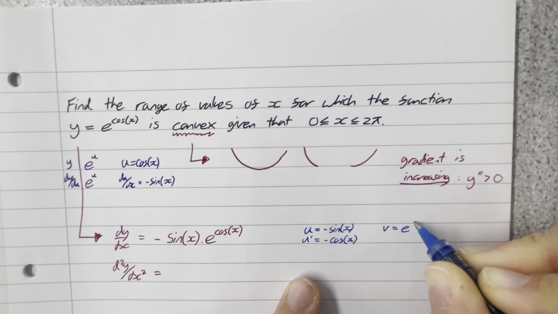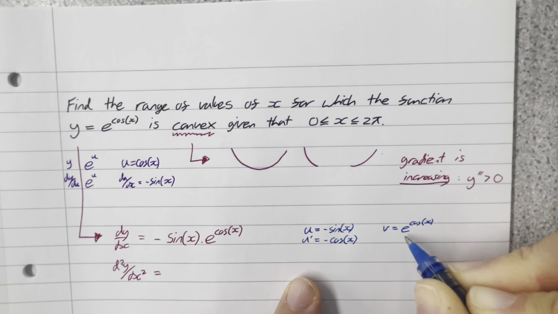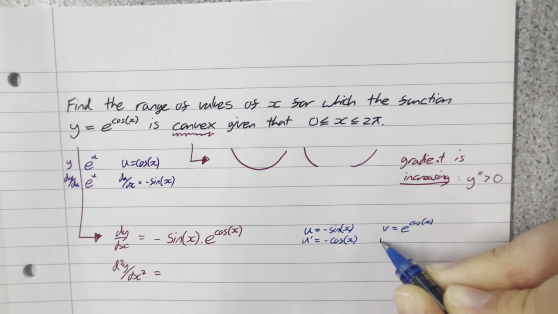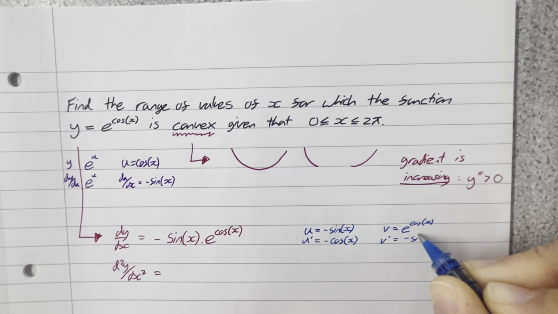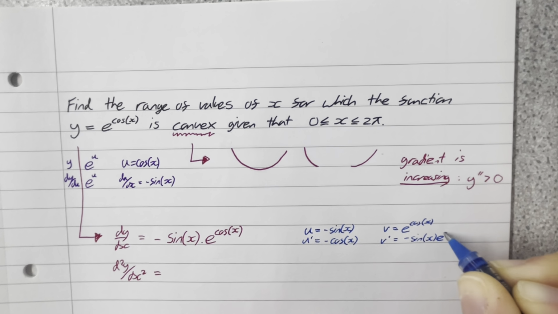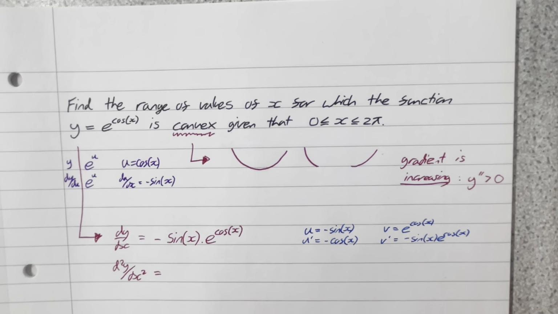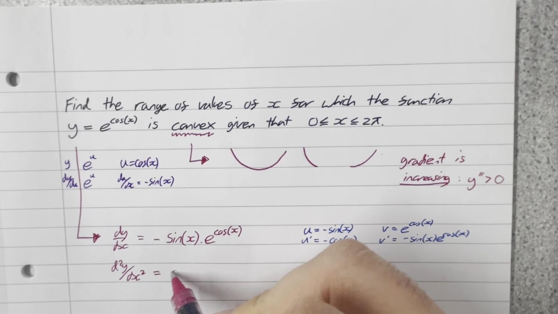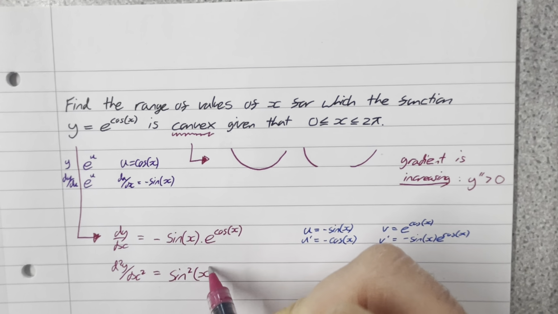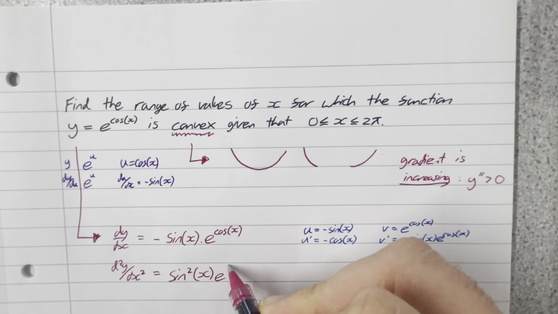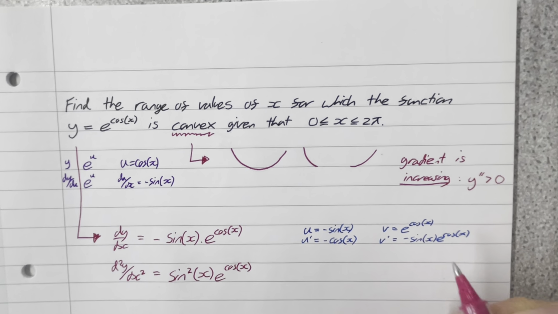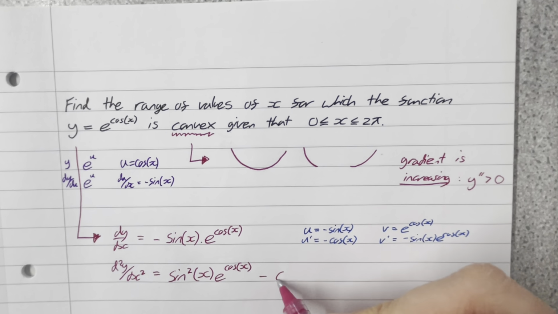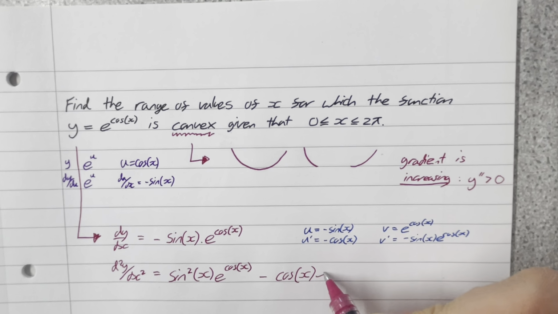V will be e to the cos x. And that's actually the differential that we did up here. So we know that v primed is going to be minus sine of x, e to the cosine of x. Okay, and now we plug it into our formula, which is uv dashed plus vu dashed. So I'm going to get sine squared of x times e to the cos x plus that times that, so it's going to be minus cos x times e to the cos x.